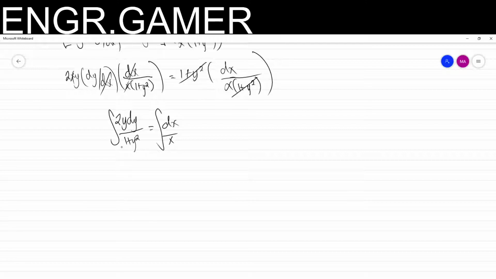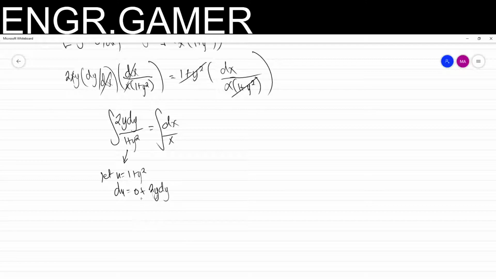So, for this one, we have let u is equal to 1 plus y squared. Okay? So, taking the derivative of both sides, derivative ng u is du. Ang derivative ng 1 plus y squared is 0 plus 2y dy.